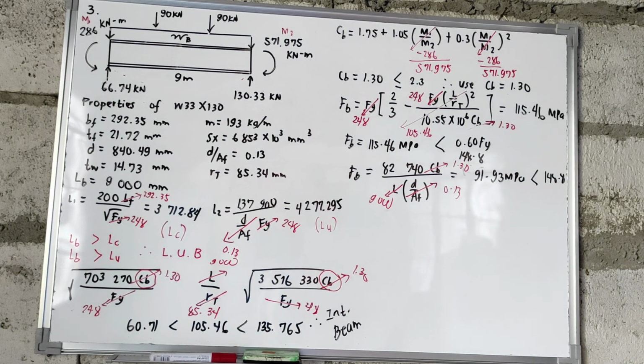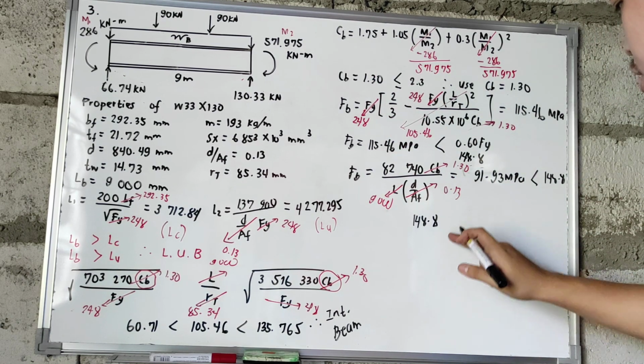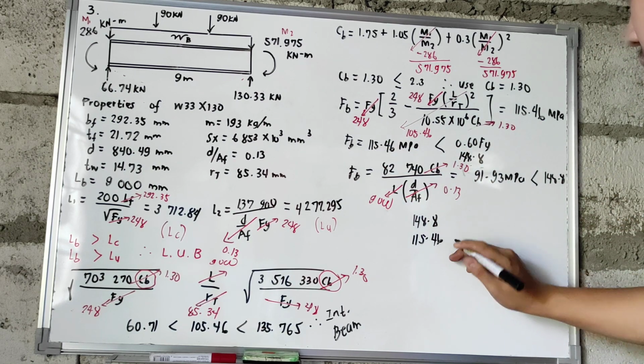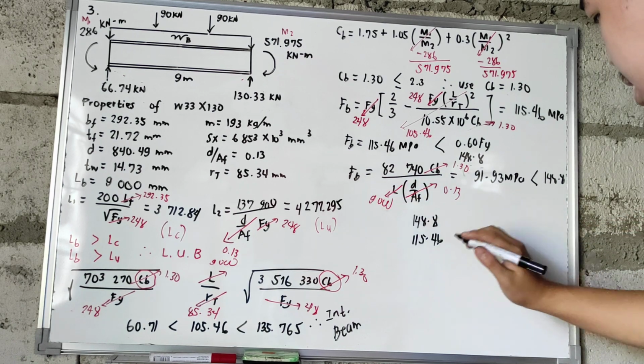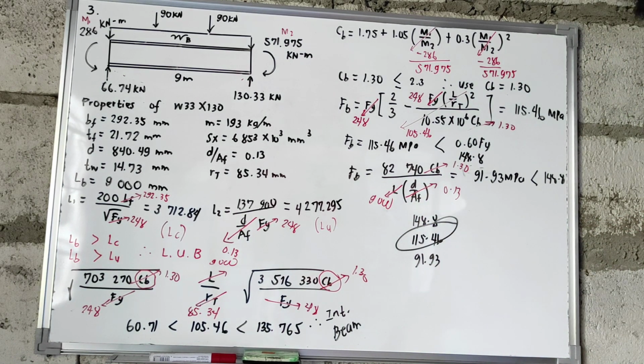So, yung kukunin nating value dyan, siyempre, yung nakapagitna. Yung pinakamataas na value dun sa graph is 148.8. Sumunod is etong value na to, which is 115.46. Tapos, sumunod naman to, which is equal sa 91.93. So, ito yung kukunin natin.